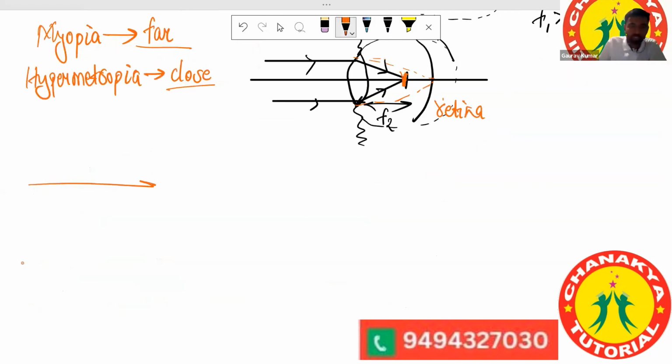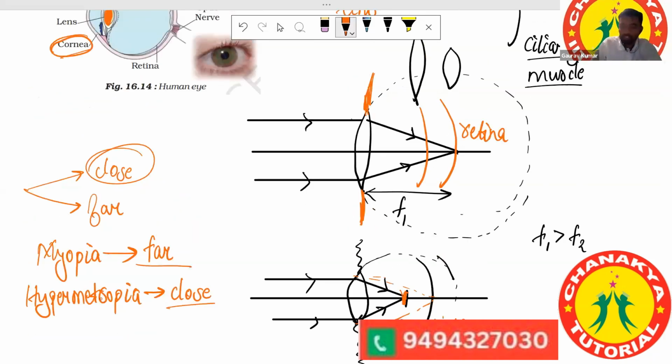The crux of what I am telling is that due to old age or some other problem, the ciliary muscle is not working properly to contract or stretch the lens, due to which the image which should be formed on the retina is not forming at the retina. Either it is forming before the retina, or after the retina.